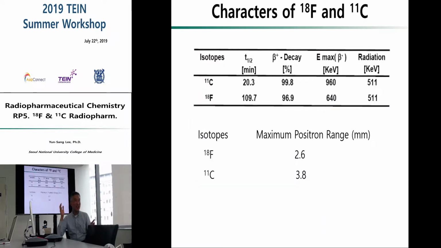That's why we can use FDG as a glucose analog, but our body still contains glucose. So the quantity of receptor is very important. But in the case of a brain imaging agent, the receptor amount is less than glutathione. So in that case, specific activity is very important.